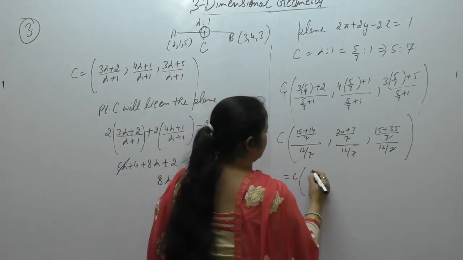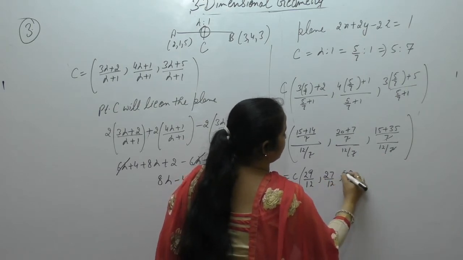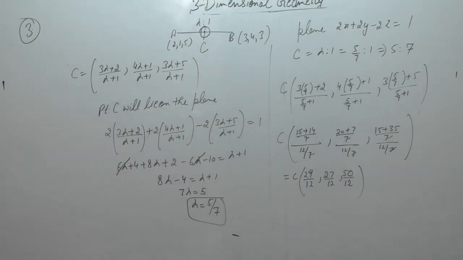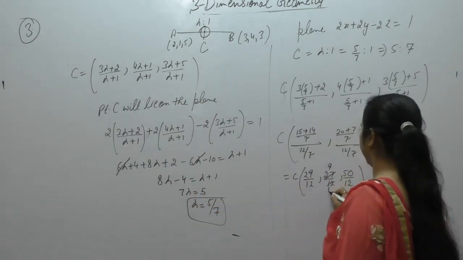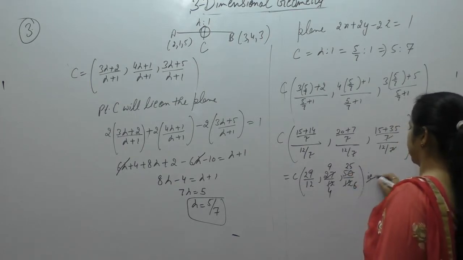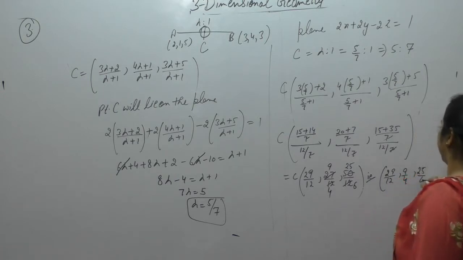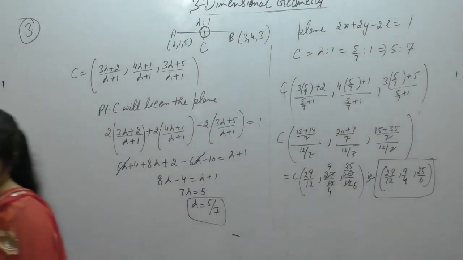So we get 29/12, 27/12, 50/12. We can cancel it: 3, 9, 3, 4. So we can write it as 29/12, 9/4 and 25/6. This is the coordinate of the point C. Note it down.